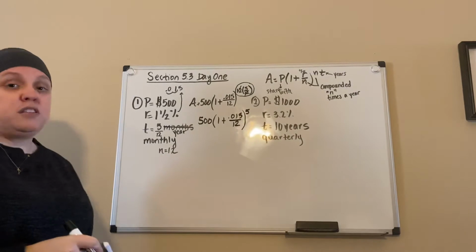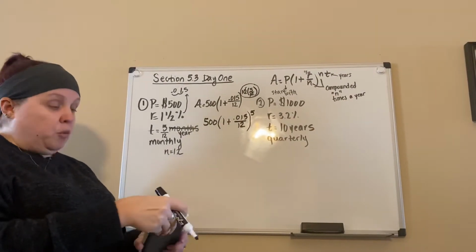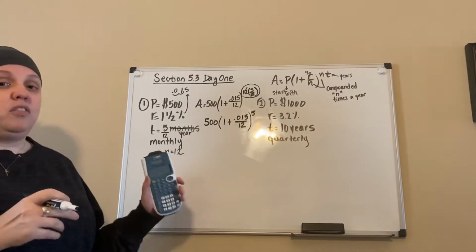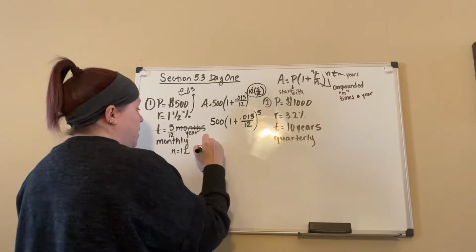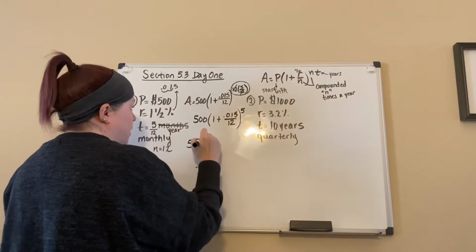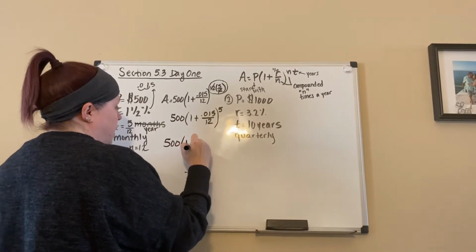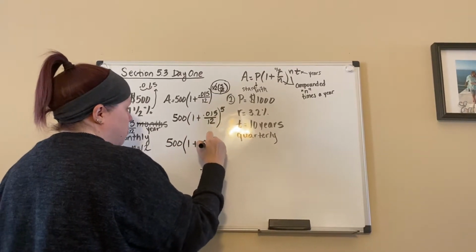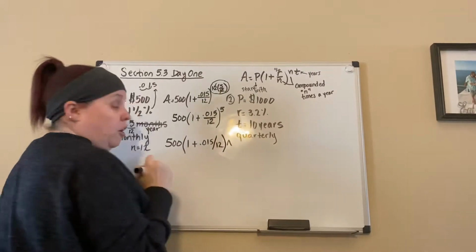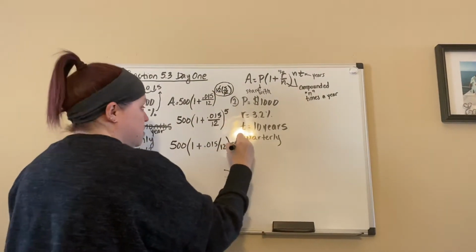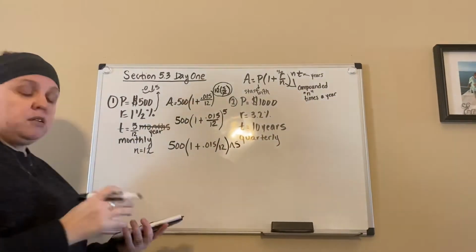Now the rest of this, we're going to take our calculator, and plug it in exactly the way that it looks, parentheses and everything. So you will type in 500, parenthesis, 1 plus 0.015 divided by 12, and then your caret button, your power button, to the 5th. Let's see what we get.